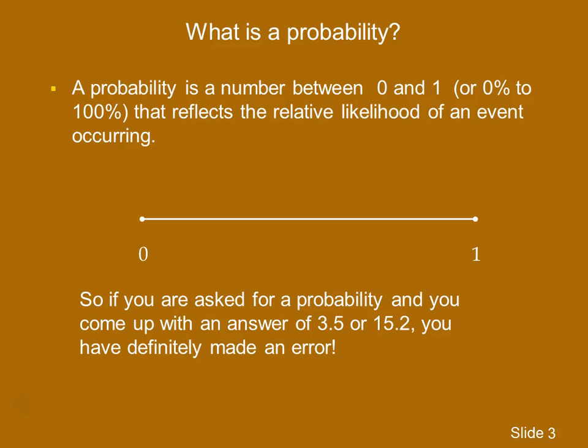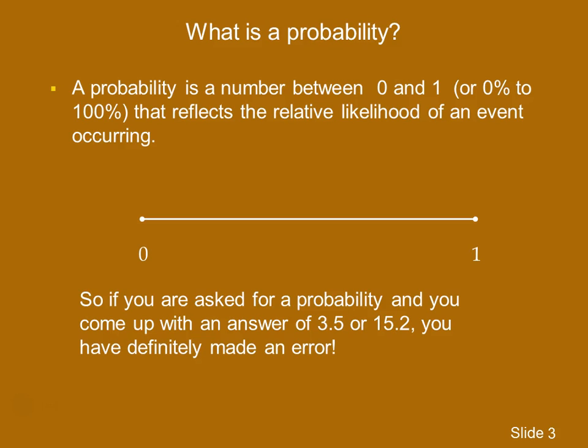First, just a definition. A probability is mathematically a number between 0 and 1, or 0% to 100%, that reflects the relative likelihood of an event. This might sound kind of obvious, but believe me, I've had many students give me probabilities such as 2.7 or 3.5 or 15.2, and I have to remind them that those probabilities don't exist anywhere. 0.35, yes. 0.035, yes. 3.5%, yes.